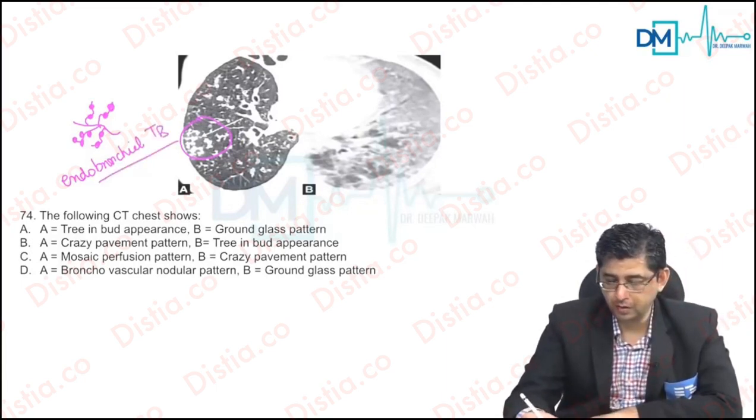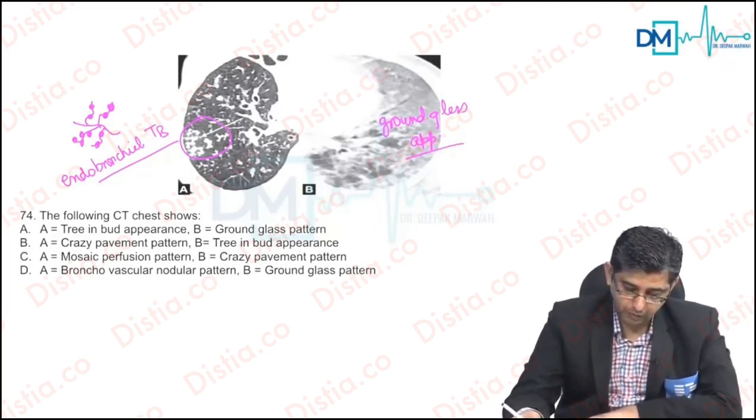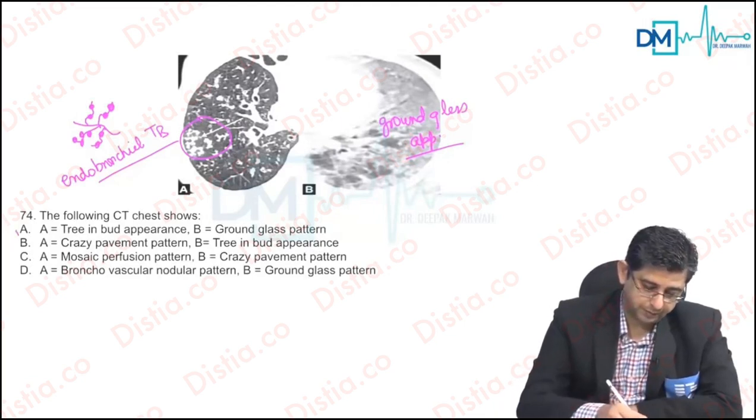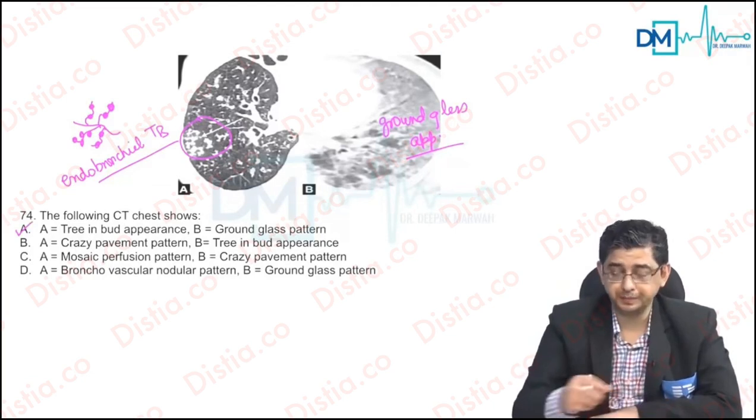In the next image, you can see this is a ground glass appearance, which is again diagnostic of patients of interstitial lung disease. So the correct answer to this question would be A, tree in bud appearance and a ground glass appearance.